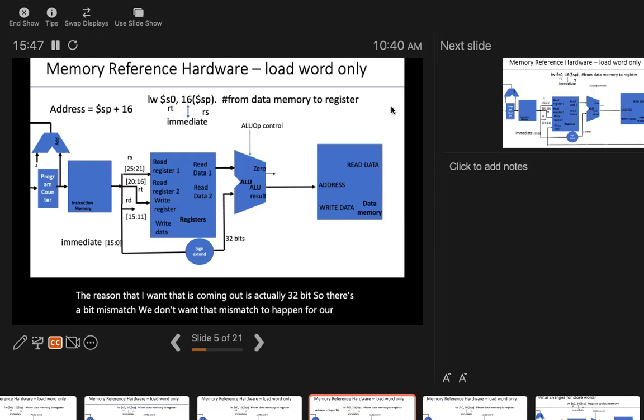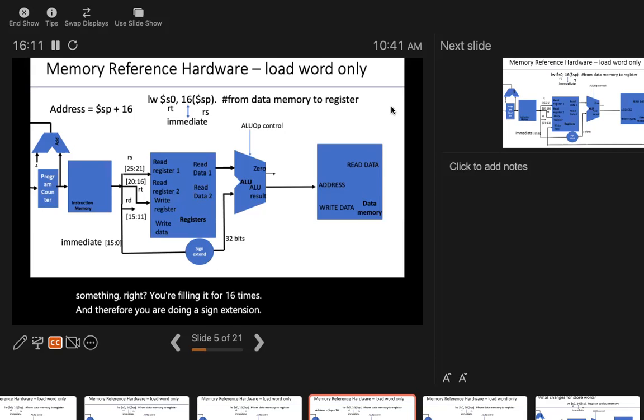So what we do, we extend the immediate 15 down to 0 to become 32 bits. Essentially what you have done here is the 15th bit, bits 0, 1, 2, 3, all the way to the 15th bit, that is just replicated using zfill or something, right? You're filling it 16 times. And therefore, you're doing a sign extension.